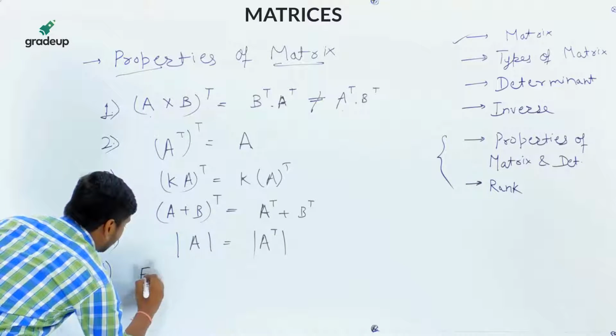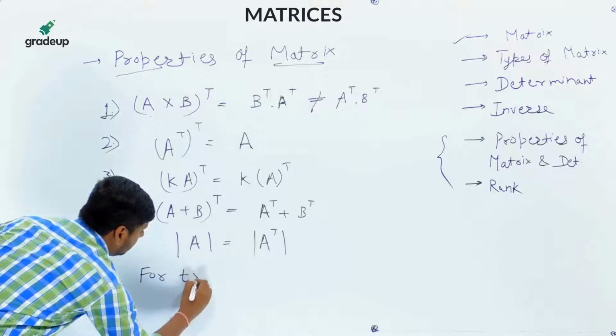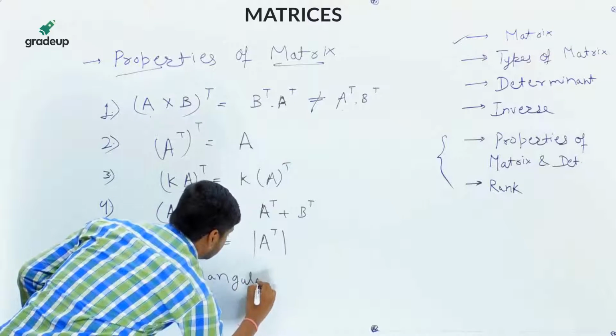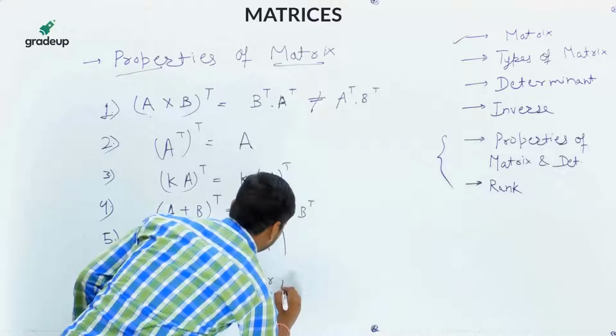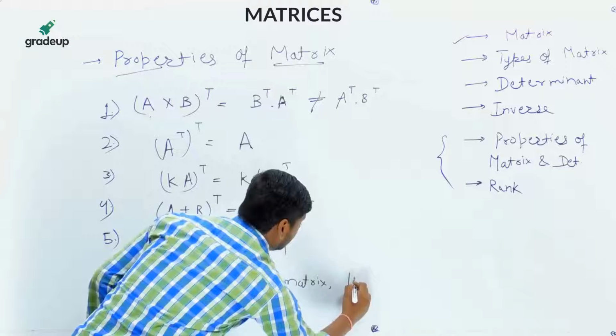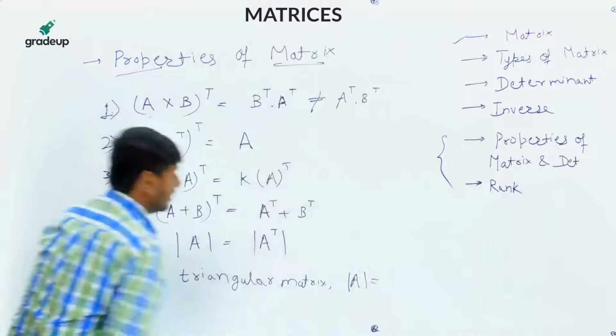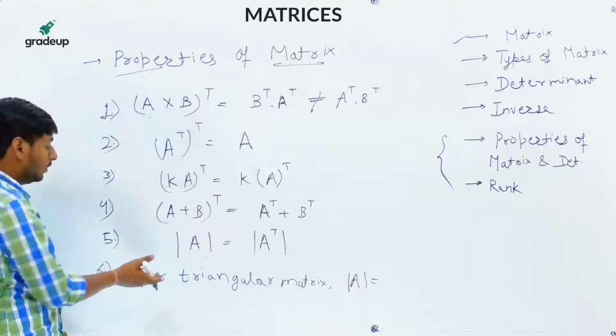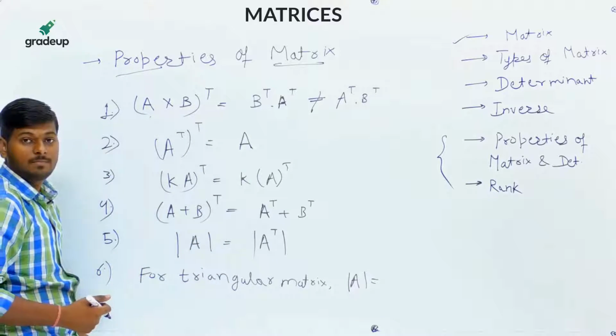Sixth property is a very important property. For a triangular matrix, what do you think the determinant will be?